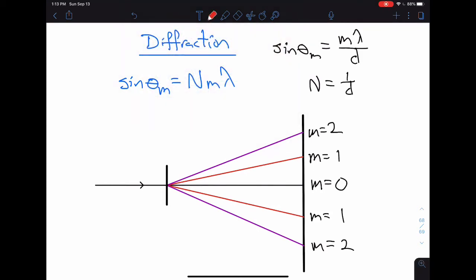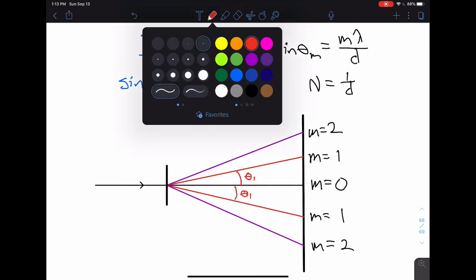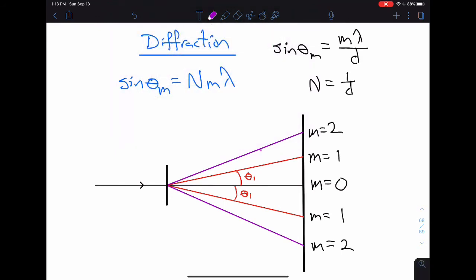Now, the angle from the 0th order to the first order is theta sub 1, whether we're doing the top or the bottom. From the 0th order to the second order, it's theta sub 2.